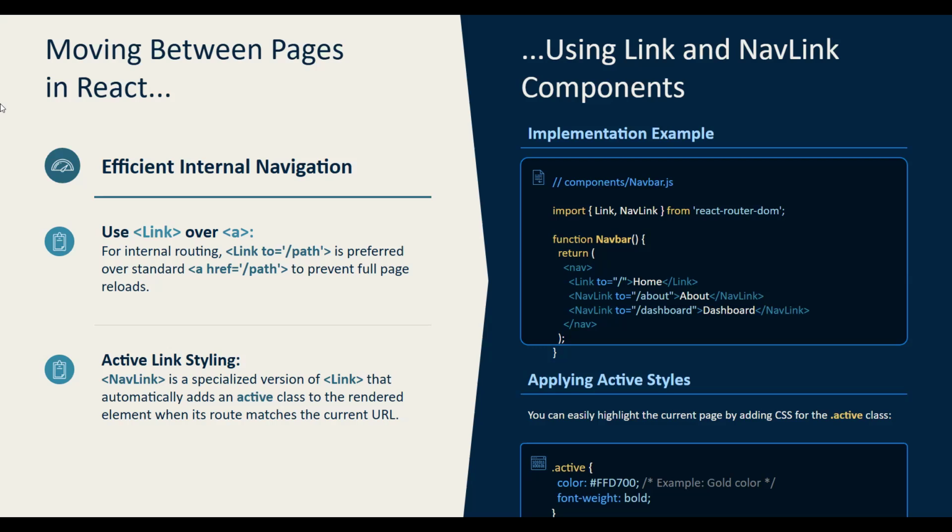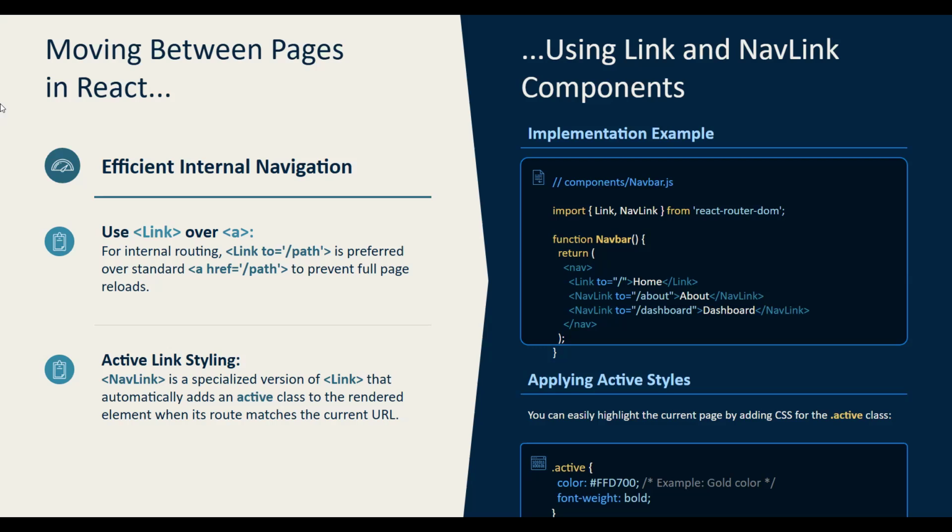It still handles client-side navigation, but it also gives us a convenient way to detect the active route. So in the example on our right, the link to the home page is just a regular link, while the about and dashboard links are NavLinks.